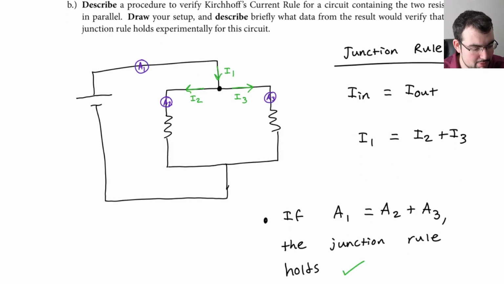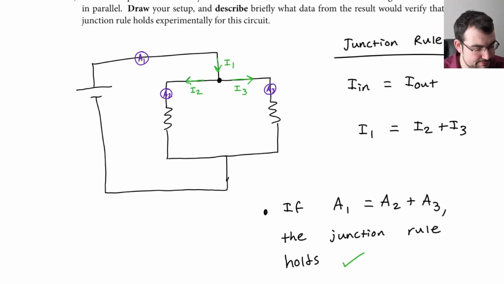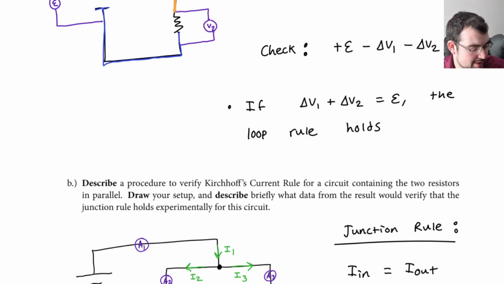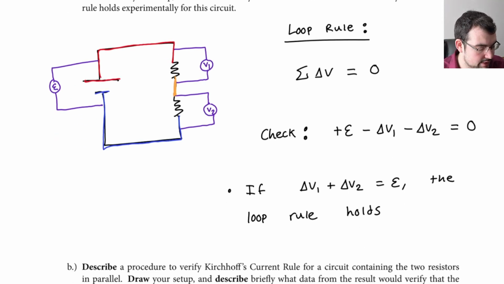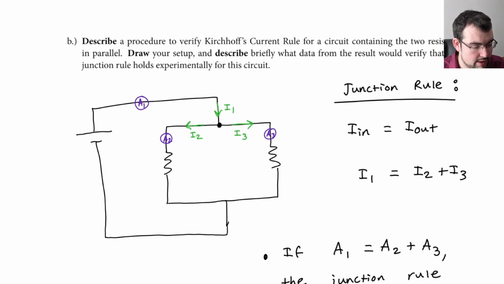But this is a pretty simple verification of Kirchhoff's junction rule. So we see that for the junction rule, you're checking if the branch currents sum to the total current, and for the voltage rule, you're checking if the voltage drops equal the voltage gain from the battery. So that's Kirchhoff's rules. So that just leaves analyzing circuits that aren't purely series or parallel.